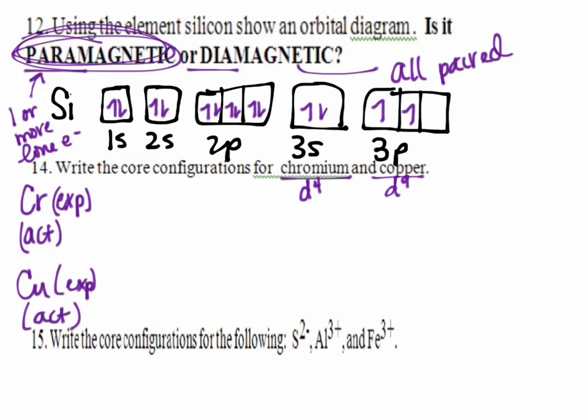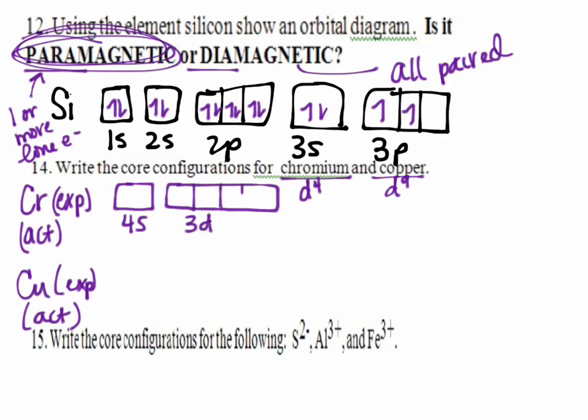So chromium, I'm just going to draw the last energy level of electrons. I'm going to draw 4s and 3d.